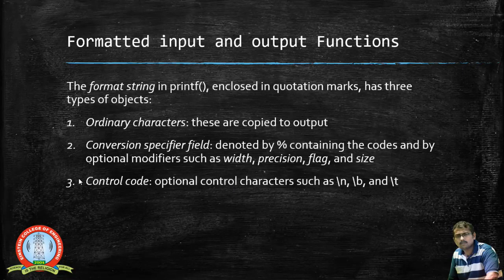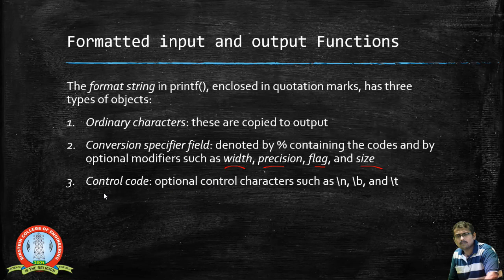Now the format string is enclosed inside double quotation marks, and it can have three categories. One is ordinary characters, whatever we just enter there. Then we have a conversion specifier field, denoted by the percentage sign with codes like %d, %c, etc. And we have some optional modifiers which can be given after the percentage for the width, precision, flag and size.